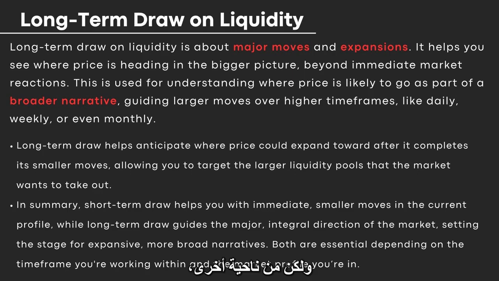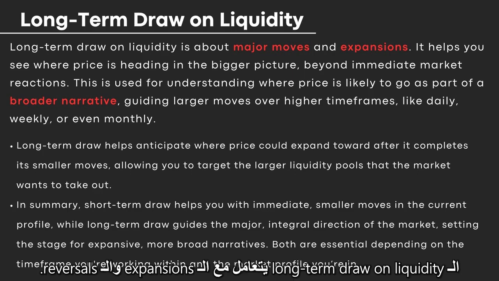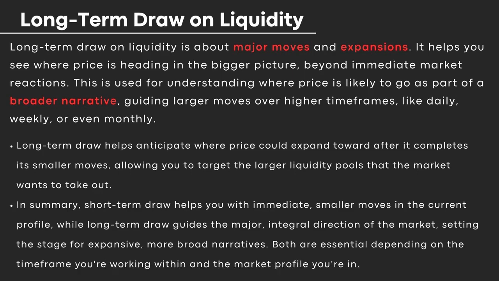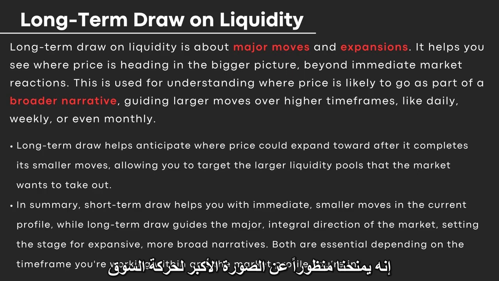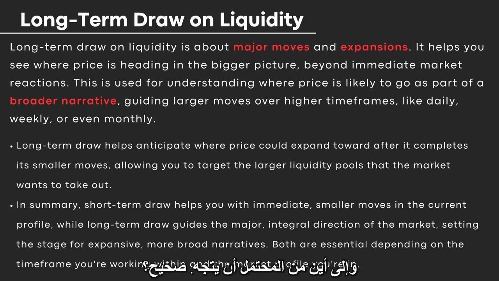But on the other hand, long-term drawn liquidity deals with expansions and reversals, showing us where these broader and major moves could go and where they are trying to reach for, right? It gives us a perspective on the bigger picture of the market movements and where it's likely headed, right?